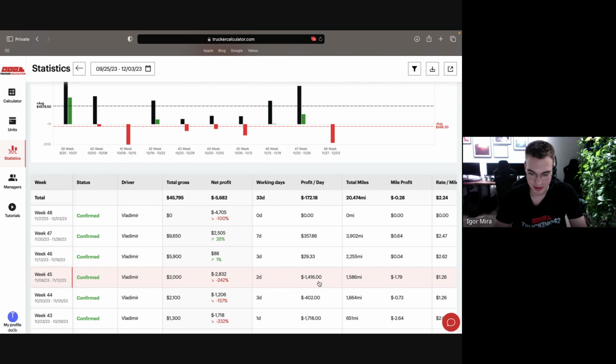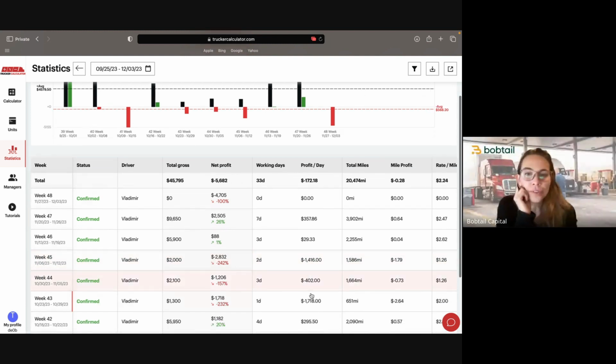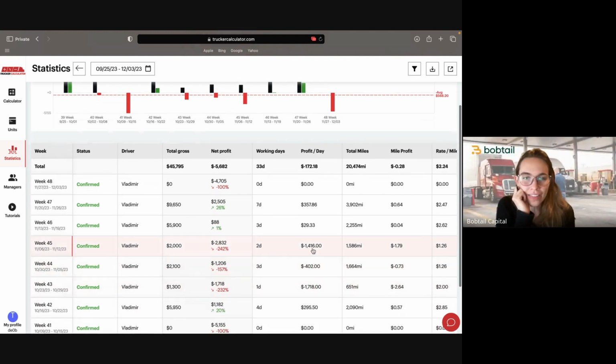You should see that here we have working days, so that's the days which the truck has operated, not just the total days of the week. And for that week, it was minus $1,400.